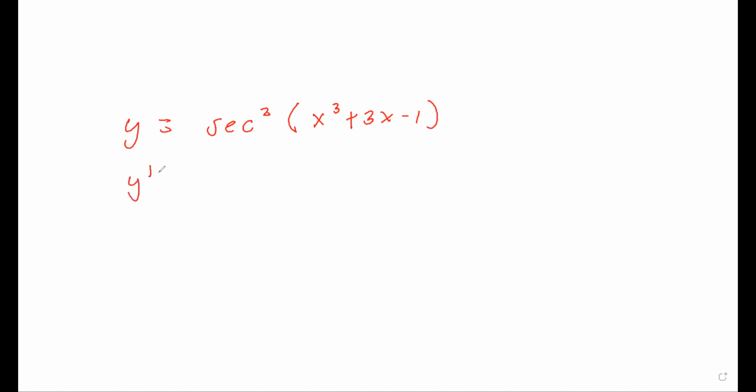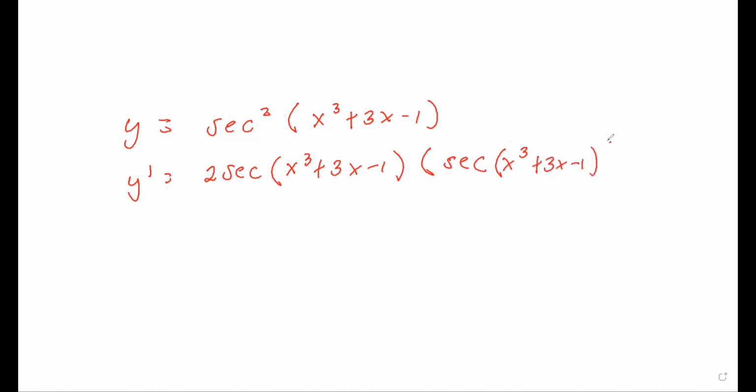Therefore, ang y prime ko will be power muna, 2 secant of, minus ng isa doon, x cubed plus 3x minus 1. Tapos derivative naman ng secant ay secant x tangent x, di ba? Or secant u tangent u. So secant of x cubed plus 3x minus 1, tangent of x cubed plus 3x minus 1.